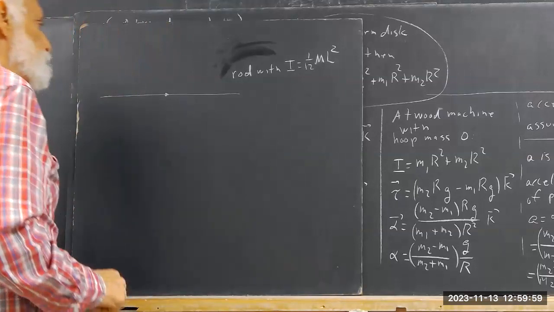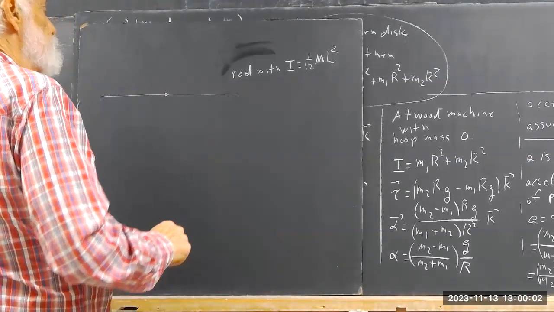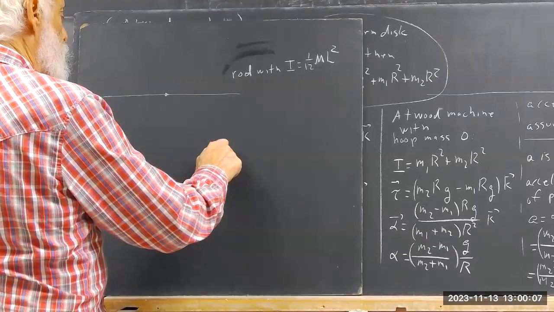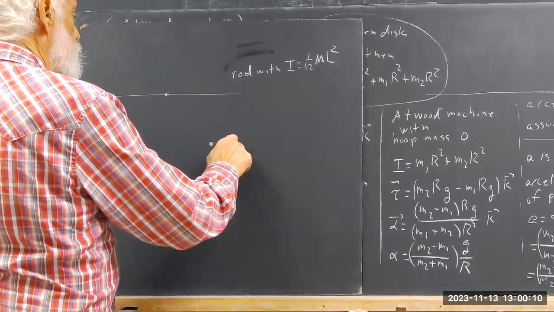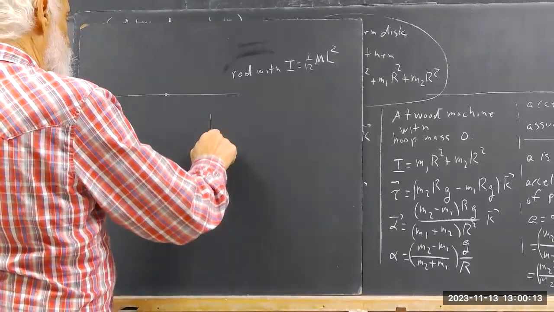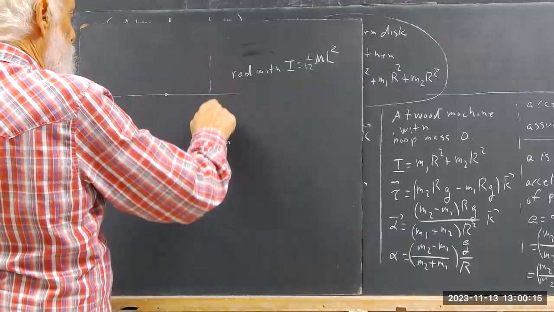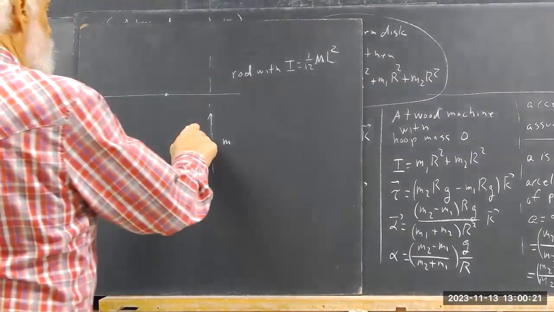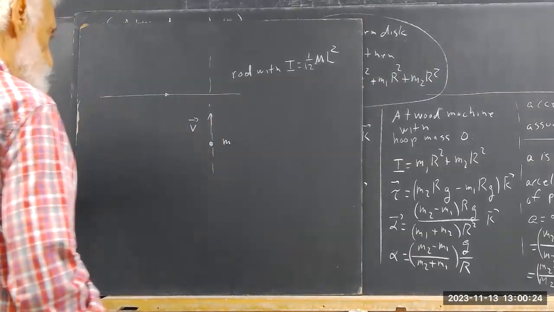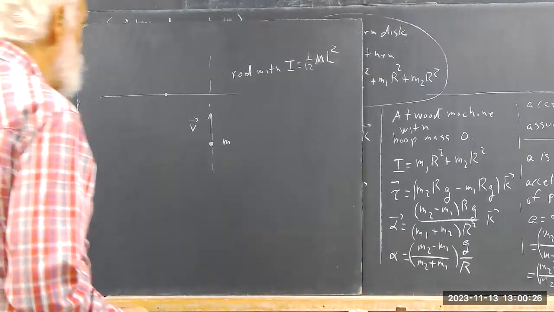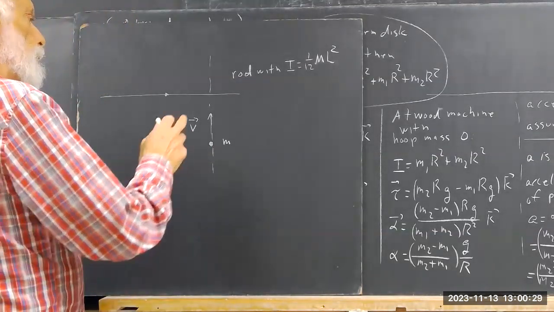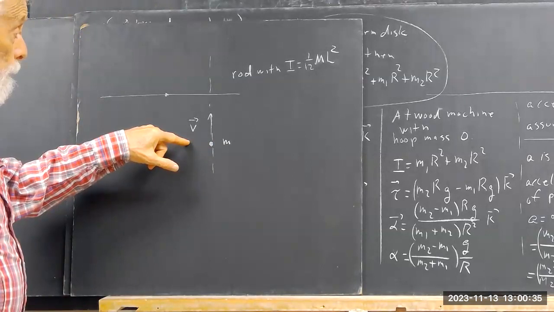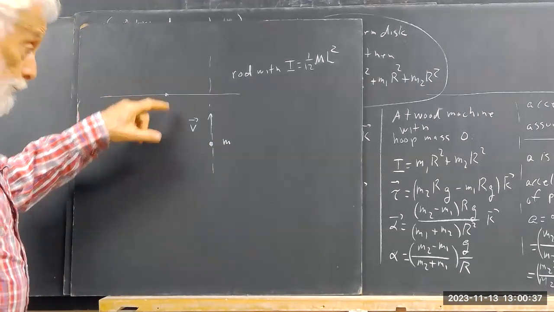And we have a mass here, mass M moving with velocity v perpendicular to the rod. What's the angular momentum of this mass relative to the axis of rotation?